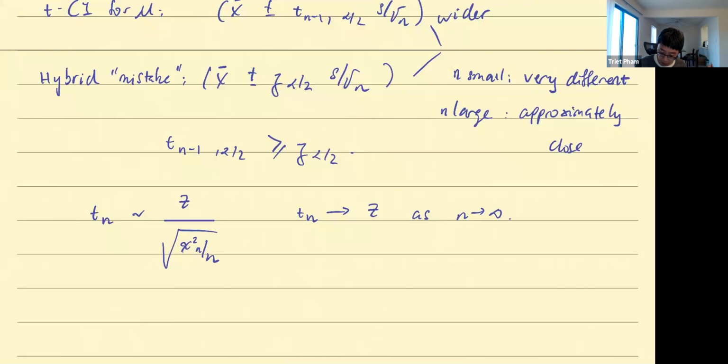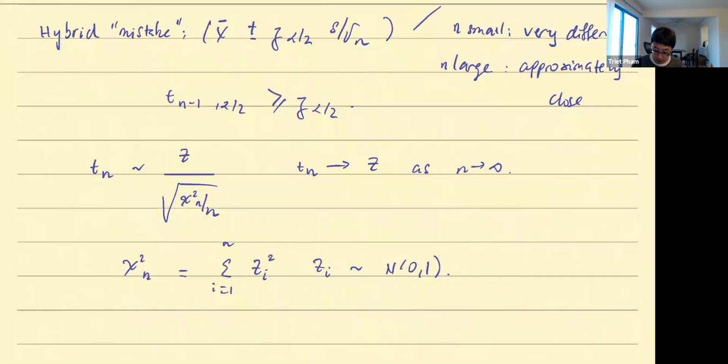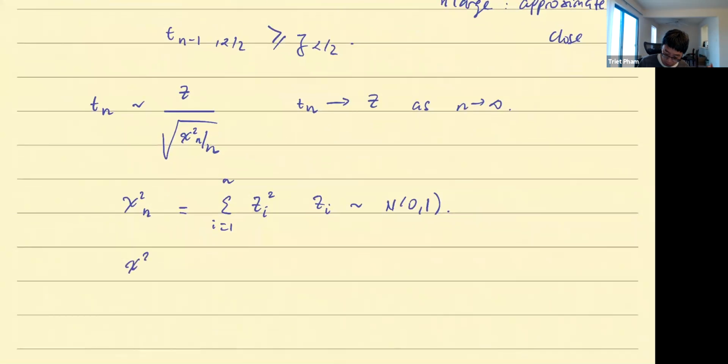So chi-square n, by the working definition, is the sum of IID standard normals, and so the ratio will exactly be, sorry, law of large numbers.